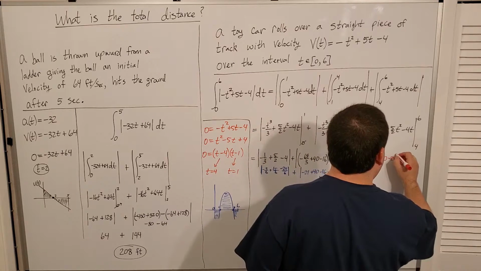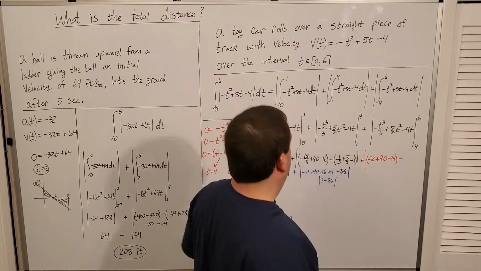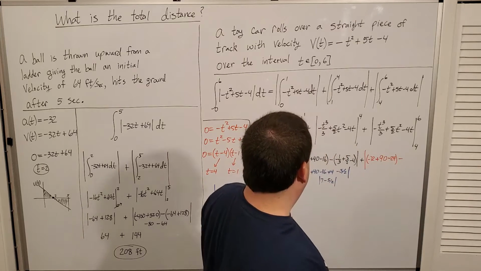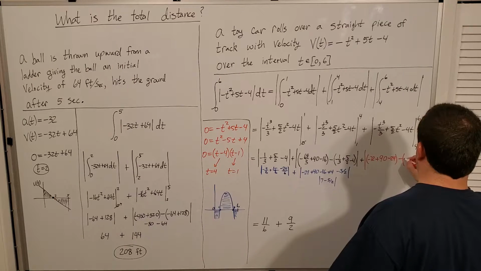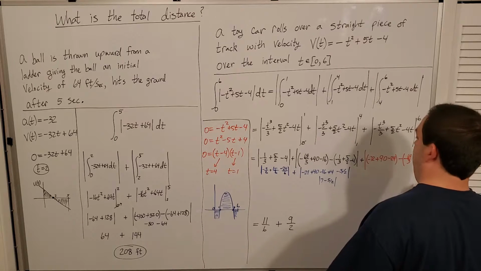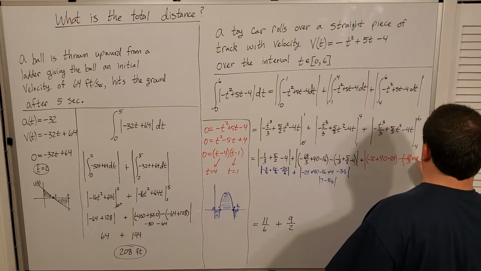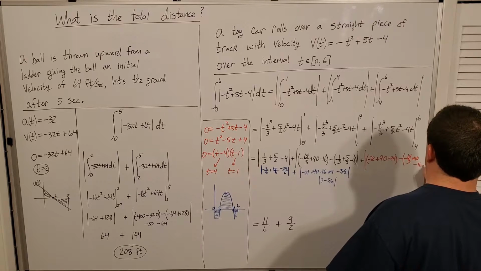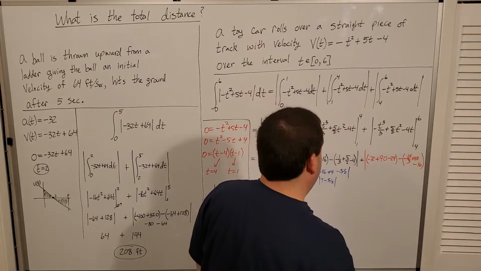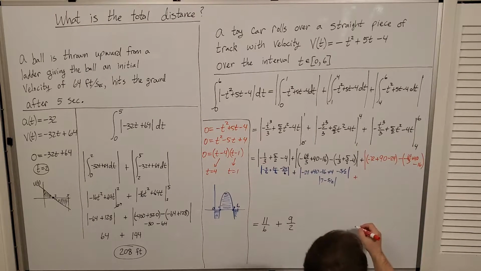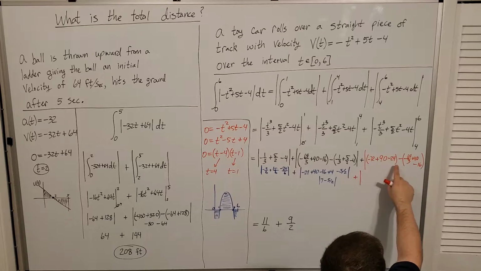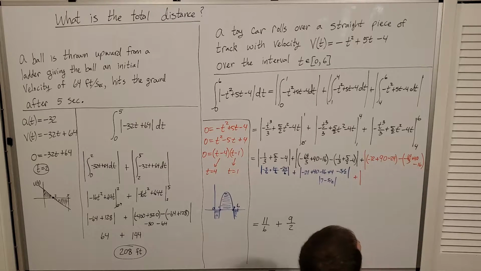Minus 24. Okay, then minus all of the stuff like it was when I plugged in the 4. So that's going to give me negative 64 over 3 plus 40 minus 16. So absolute value, we'll go ahead and squish some of this up. The only one that's a fraction is the 64 over 3 again.